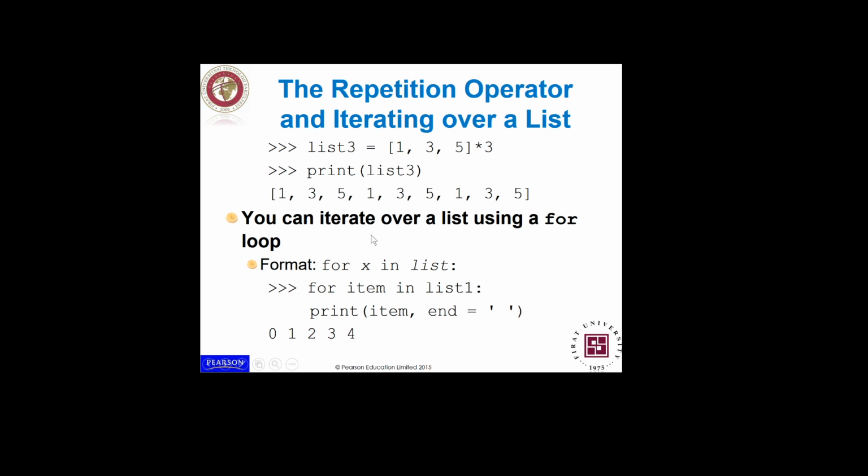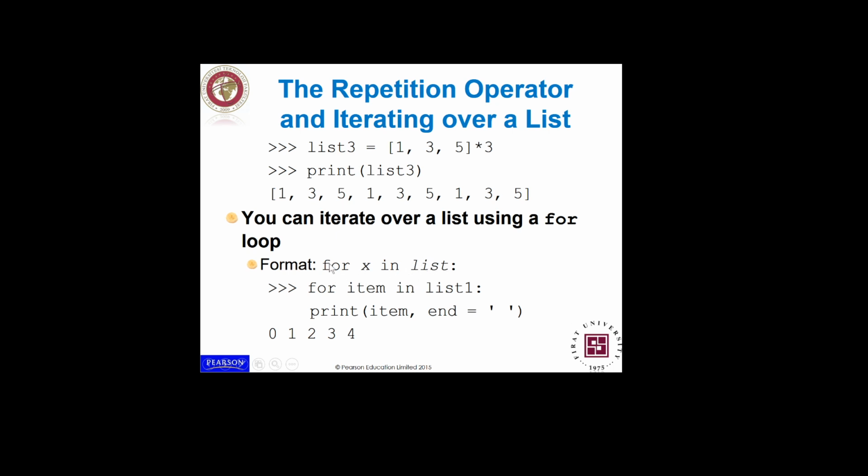All right. Can we iterate over a list? It's possible, and it's widely used in practical programming. So we can use a loop to iterate over the items or the elements of the list. That means as long as the list has elements, the loop will iterate.